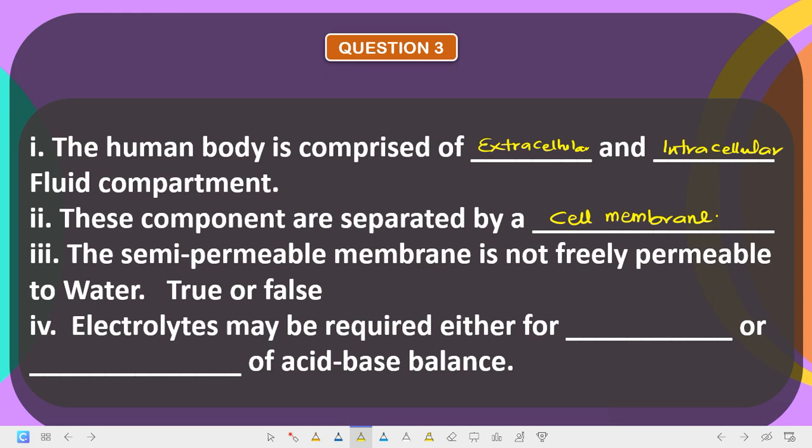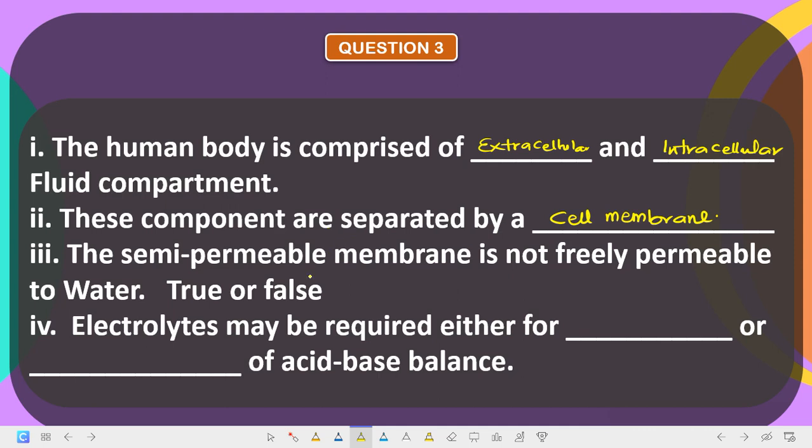Now number 3, the semi-permeable membrane is not freely permeable to water. Is that true or not? Let's think together. The semi-permeable membrane allows the inflow of some substances and does not allow the inflow of others. But the question is, is it freely permeable? Does it allow all water to pass through?